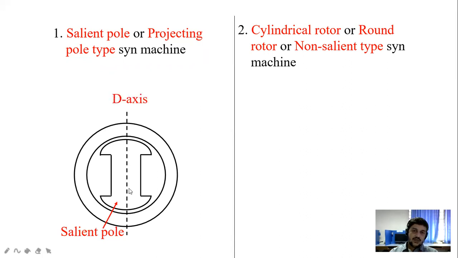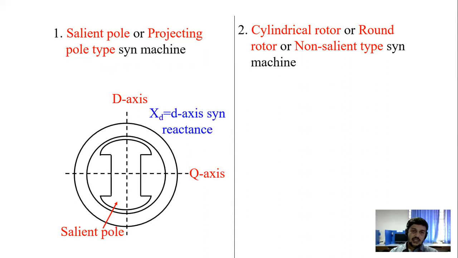The axis along this rotor is the direct axis. The axis which is in quadrature to the direct axis is termed the q axis or quadrature axis. The reactance offered by the machine along the direct axis is termed the direct axis reactance XD. The reactance offered by the machine along the quadrature axis is termed the quadrature axis reactance XQ.